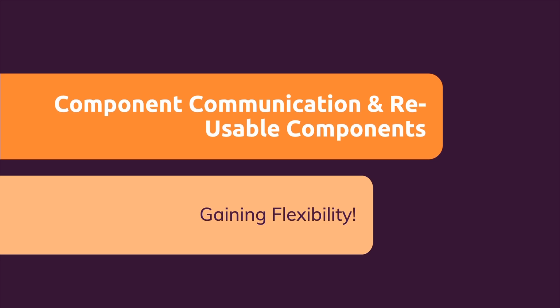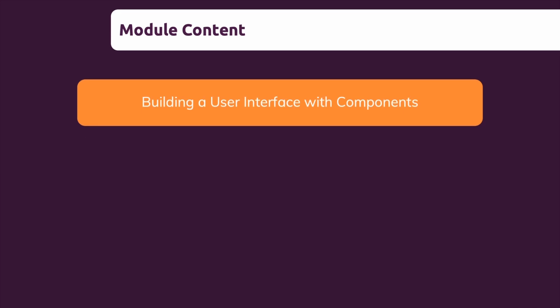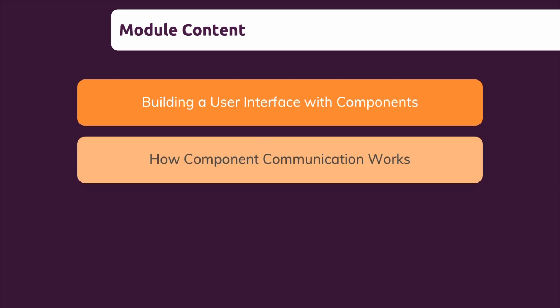Now, for that, we'll get there step by step. We'll start building a user interface with components to get an understanding for how we combine these different building blocks. And we'll then also explore how those components can communicate with each other, which basically means how you can pass data between components.